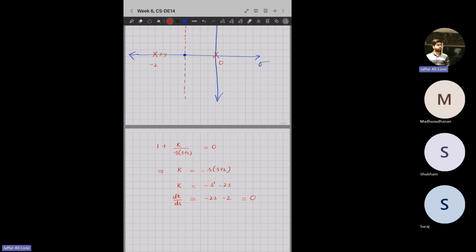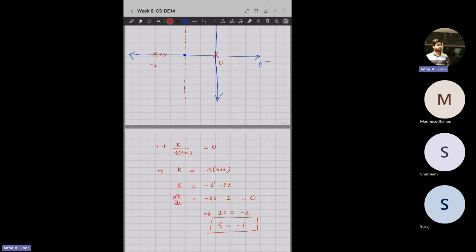Put this equal to 0. It implies 2s plus 2 equal to 0. Sorry, 2s equal to minus 2, and s equal to minus 1.